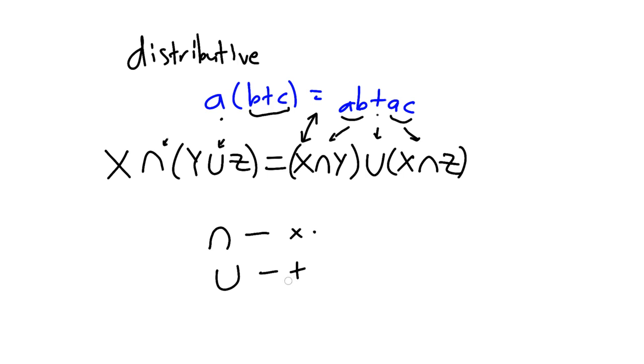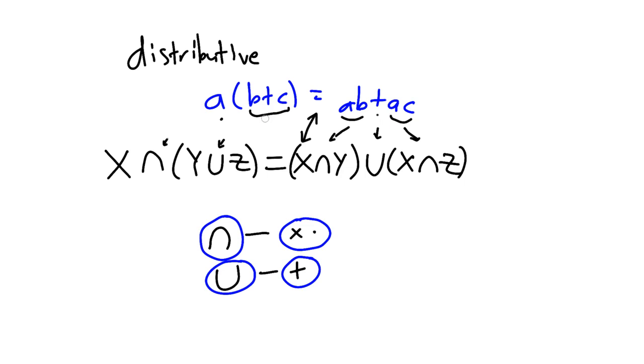The role that the intersection operator plays is really the same role that multiplication plays, and the role that union plays is the same as the role that addition plays. Here, if I replace A, B, and C with sets, and replace plus with union and times with intersection, I actually get this distributive law. It's one of the many fascinating places in math that this distributive property holds between two different operators.